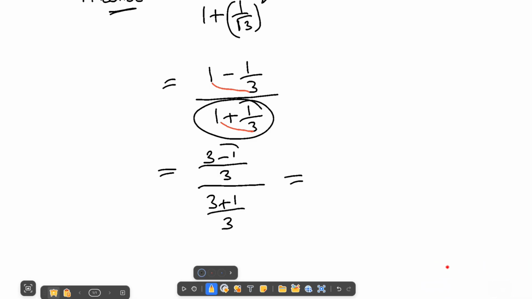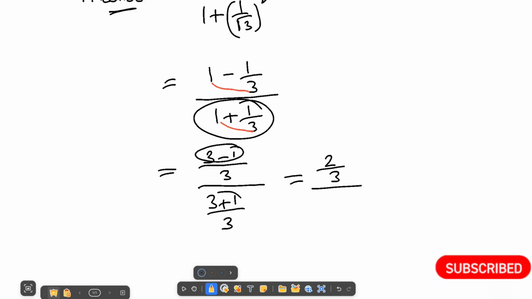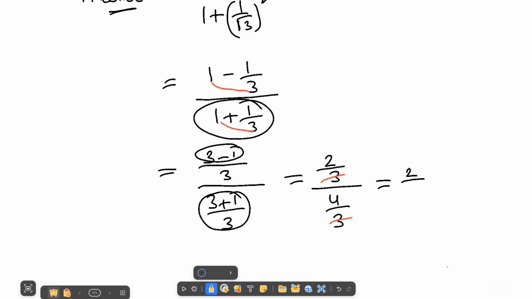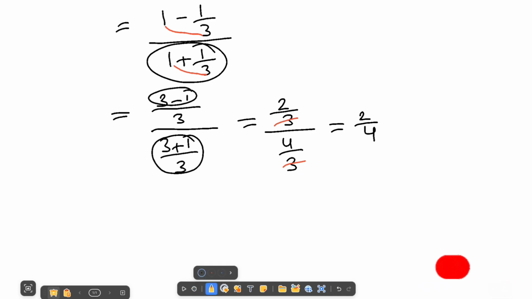Now it will be equal to 3 minus 1, 2 by 3 here. 3 plus 1 by 3, which is equal to 4 by 3. Both denominators get cancelled. Now what do we have? We will have 2 by 4. So 2 by 4 is equal to, after cancellation, 2 ones are 2, 2 twos are 4. So here we will get 1 by 2, right? It is equal to 1 by 2.